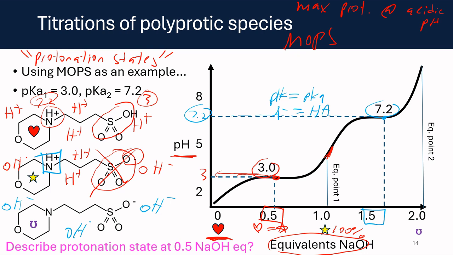Okay, at 1.5 equivalents, the star configuration will be equivalent to what I'm calling the horseshoe configuration over here. We're half out of the protons on this group. And as we keep on adding in base, by the time we reach 2 equivalents, all of this is now gone. And we are 100% horseshoe. We have broken away from our buffering zone yet again.